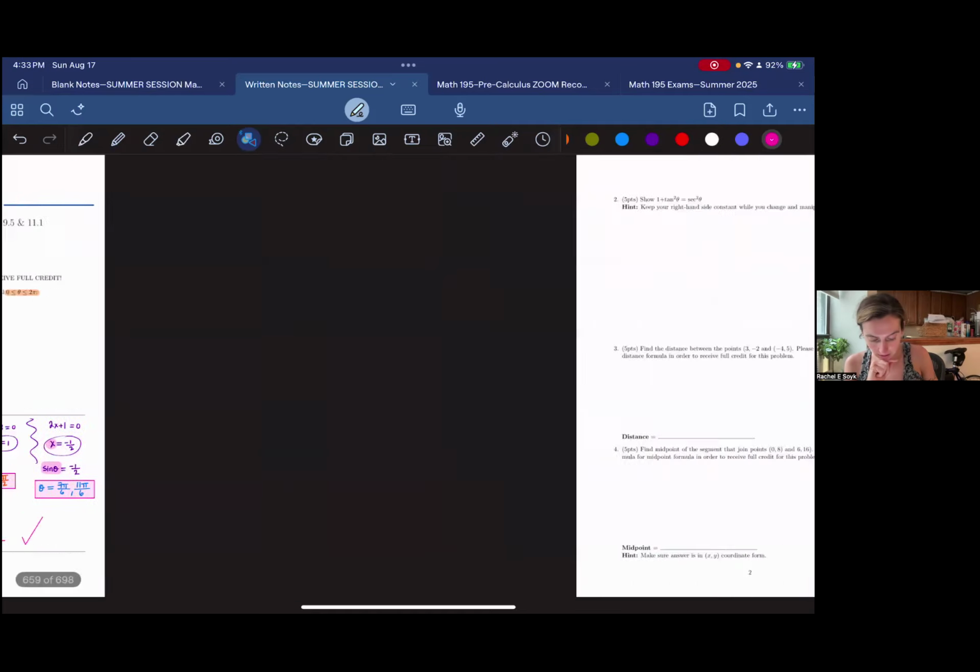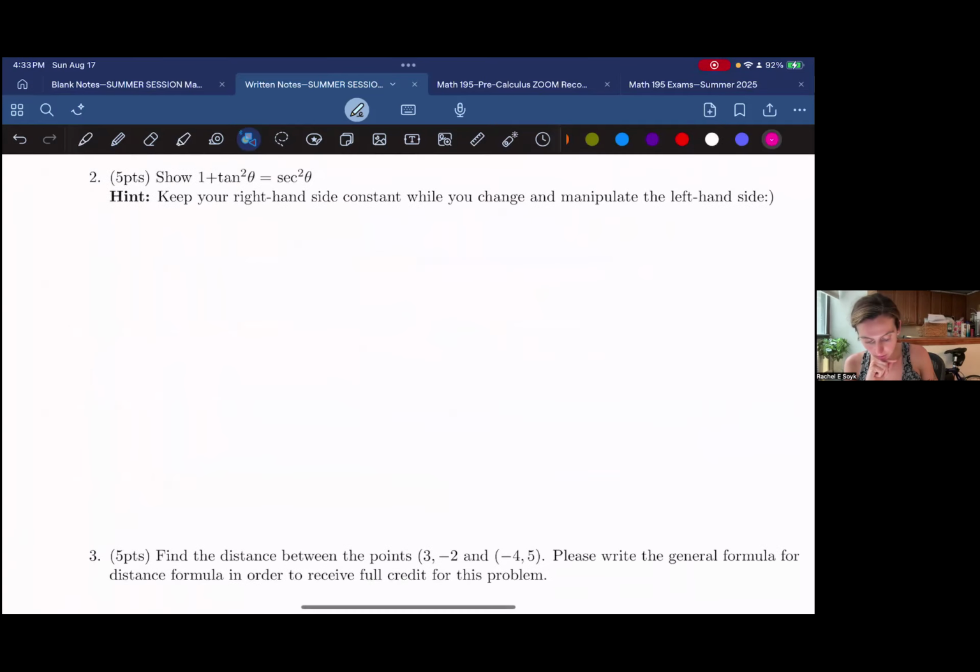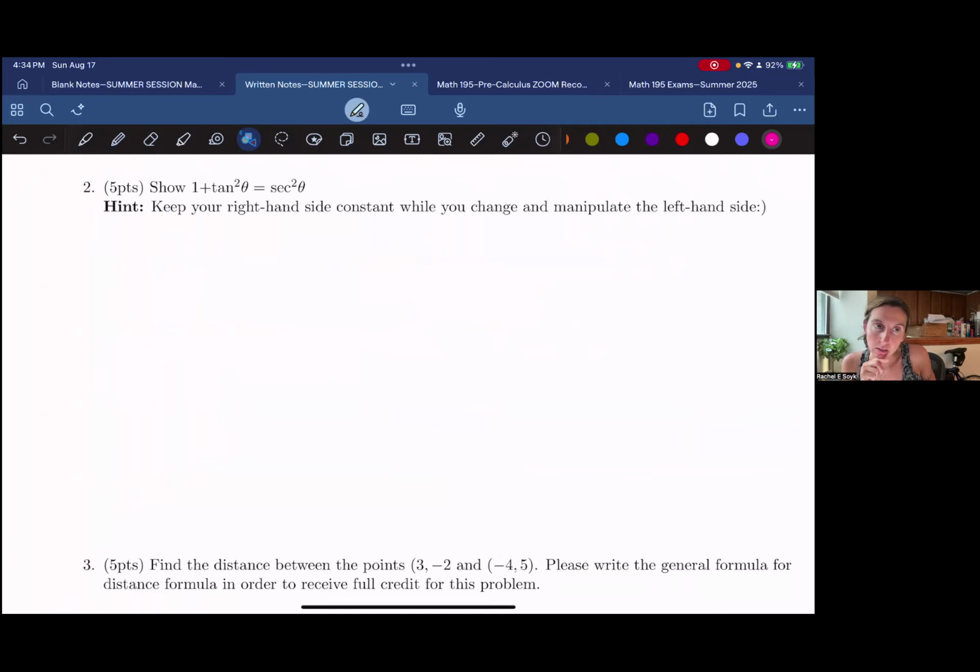Now let's jump into our second question on the next page, where we're asked to show that 1 plus tan squared theta is equal to our secant squared theta. And I gave you a little hint here. Anytime the question asks you to show something, you technically are proving that this identity is true for all values of theta.